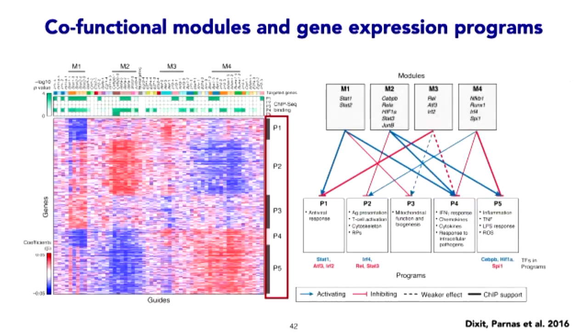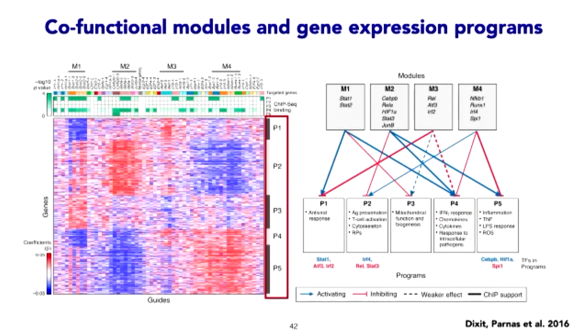Having defined what co-functional perturbation modules and gene expression programs are, we can then think of other ways to visualize them. The network that we see here is one way in which the relationship between modules and gene programs can be visualized. In this case, the red and blue color imply inhibition or activation, respectively.